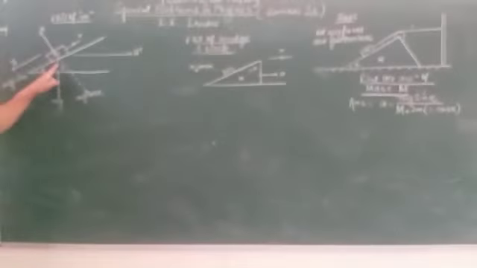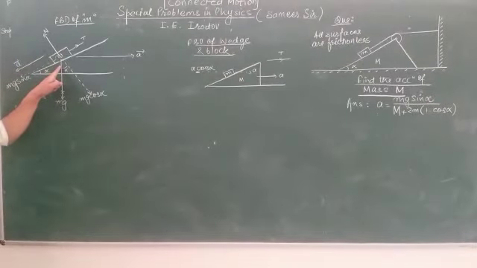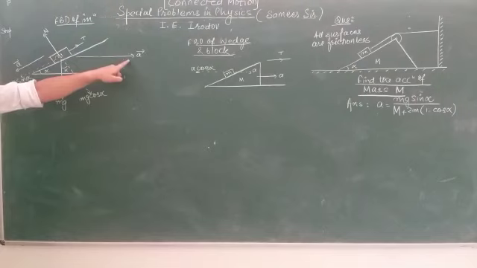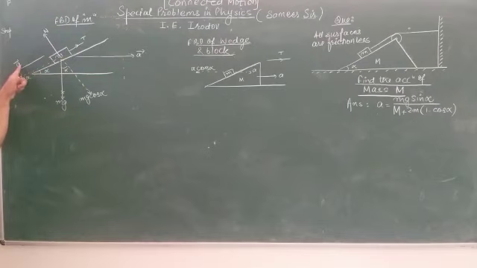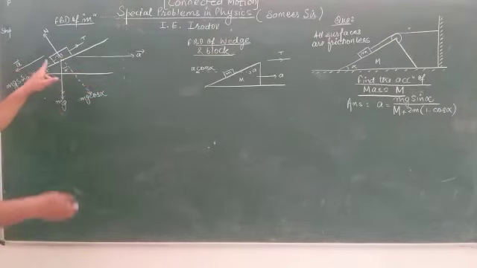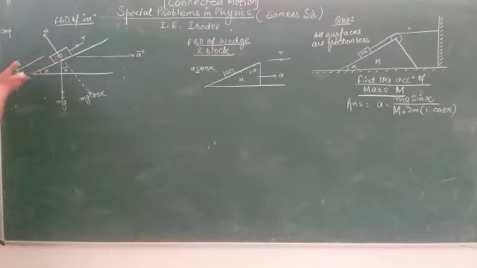So what is so special in this question? Your small m is acted upon by two accelerations: one, small a, with which the wedge moves, and one acceleration downward. So let us find the equation for this small m down the plane.